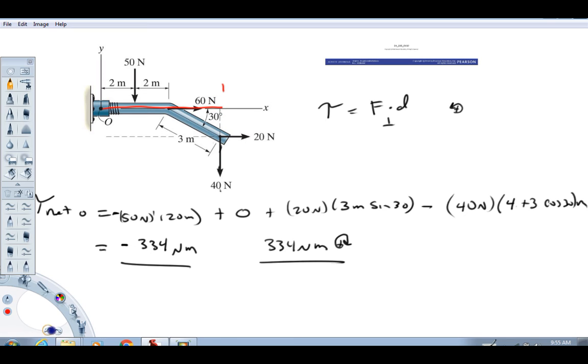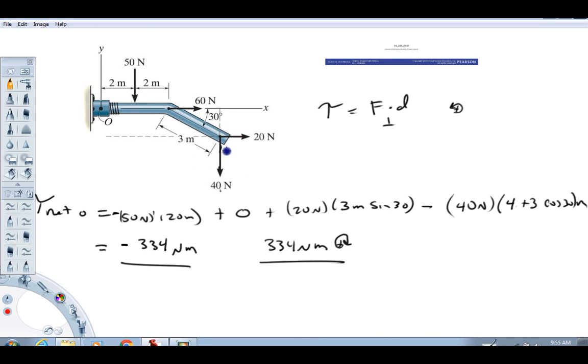Another important thing to realize is the plus and minus signs. If we call counterclockwise positive, this force is producing clockwise torque, hence the minus sign. This force does not produce any torque about O because it goes right through O. This force produces counterclockwise torque, and hence it produces positive torque.